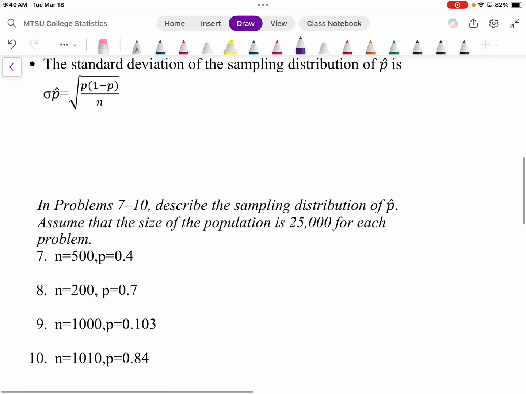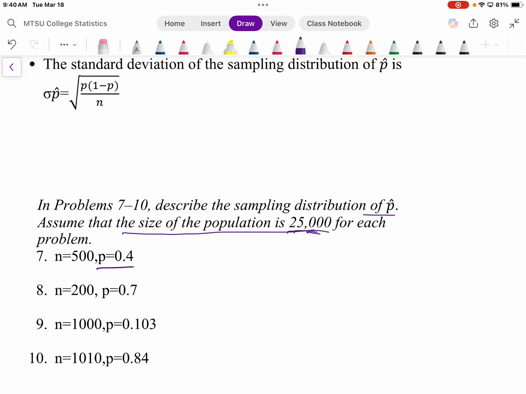So they asked us to describe the sampling distribution of p hat. Assume that the size of the population is 25,000. There we go. All right, so a small town there. So what can we say about the sampling distribution? All right, p is 0.4. So they're telling us that the population proportion is 0.4.